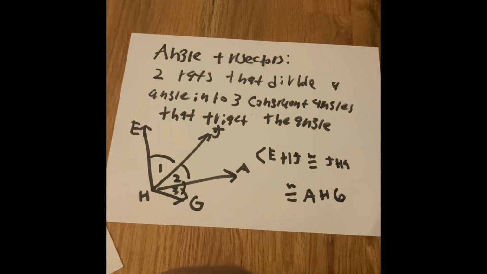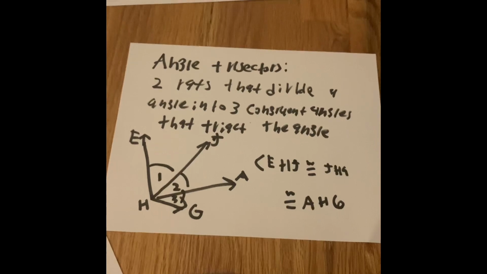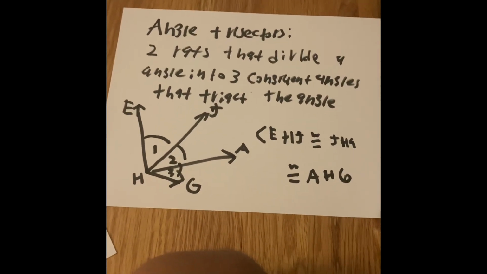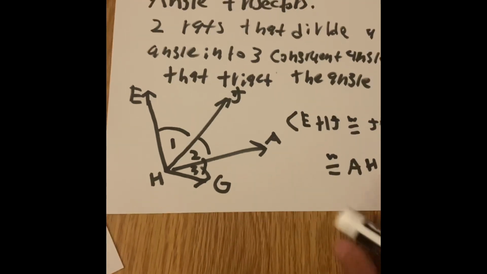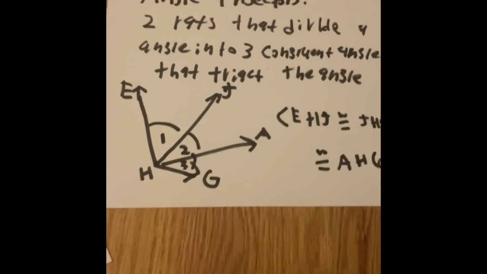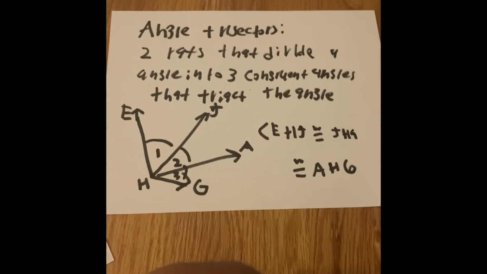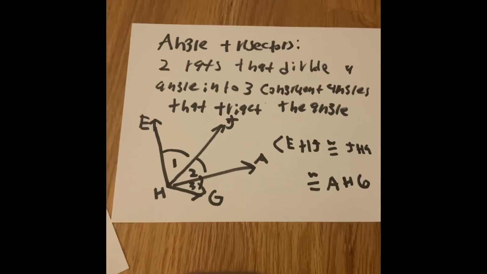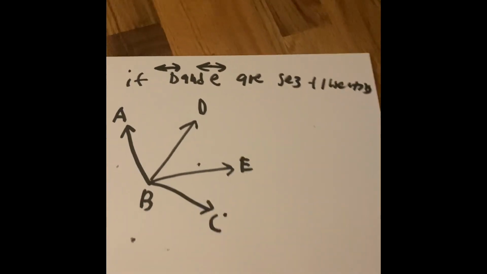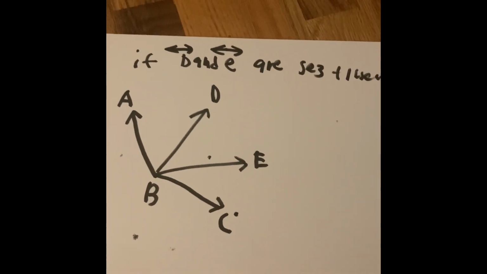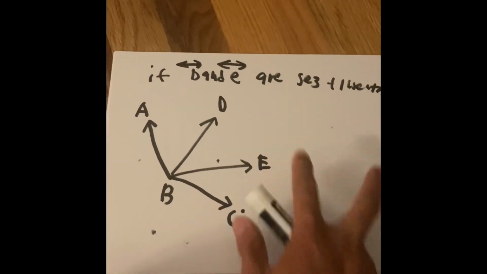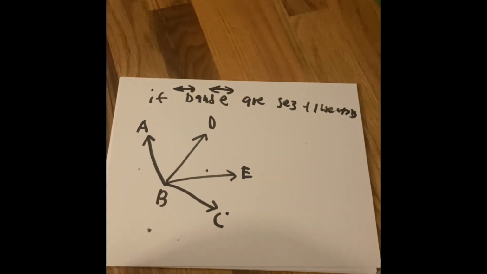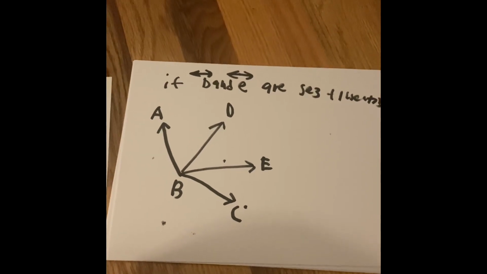So when you are given in the problem that an angle trisector is this, then you can understand that you can have 3 congruent angles within an angle. So let's look at a problem. So this is a problem. If rays D and E are angle trisectors, then what can we conclude?